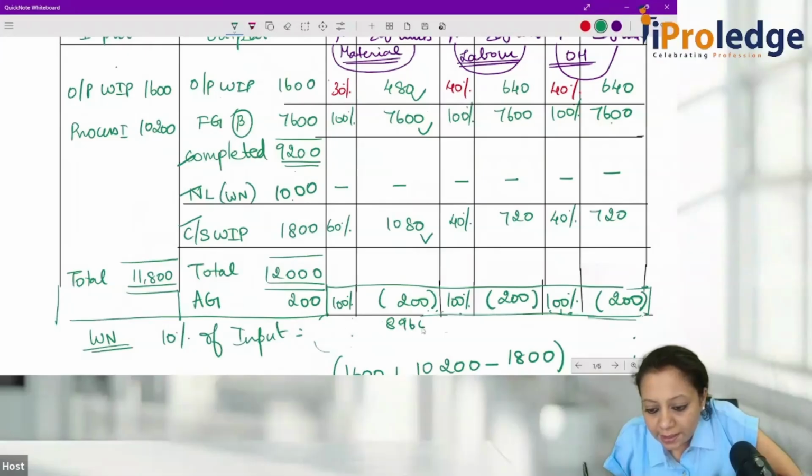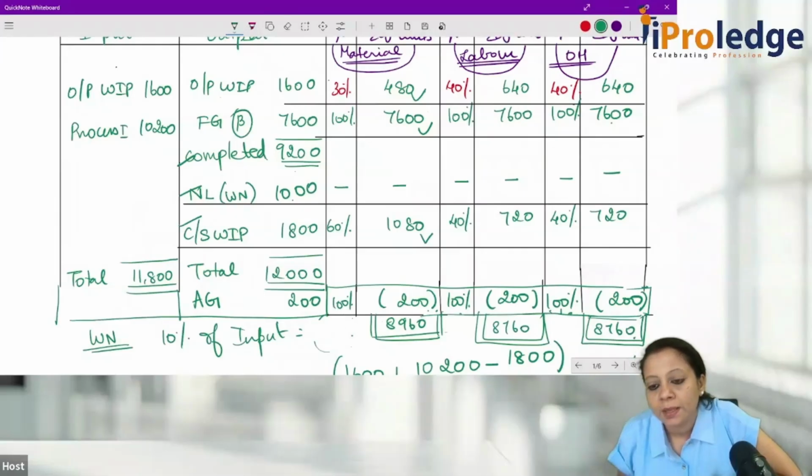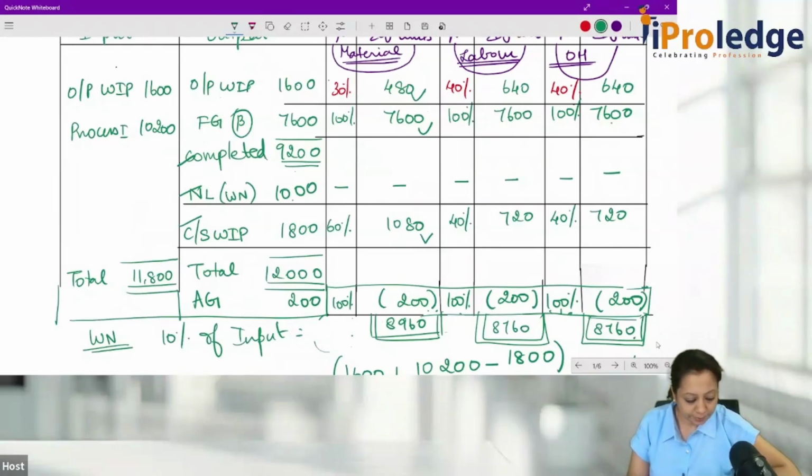So 8,960. Okay. 8,760. All right. So the other one also should be same, I think. So this is how statement of equivalent units has to be done.